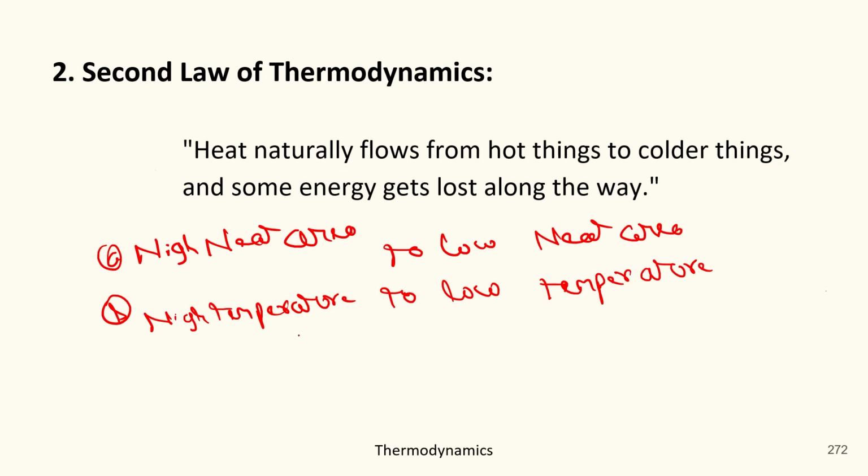Okay. So there is always a flow from high heat area to low heat area, or you can also say from high temperature to low temperature. Okay. It is the general statement.